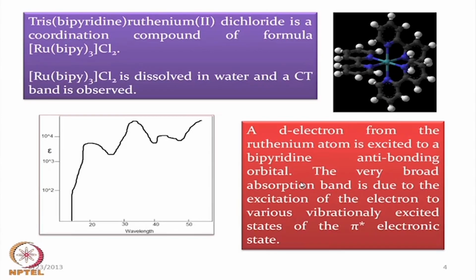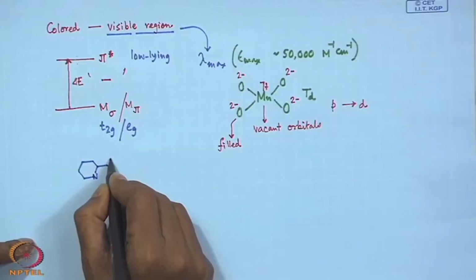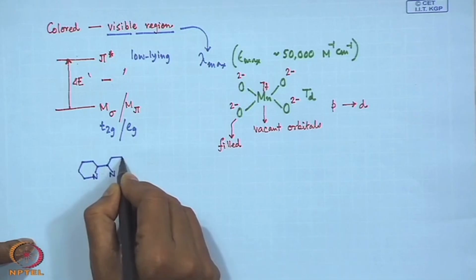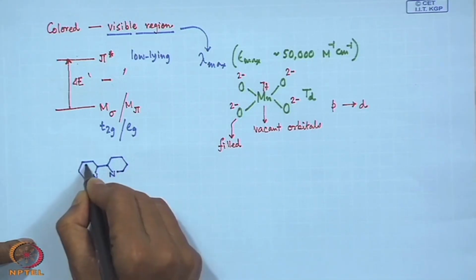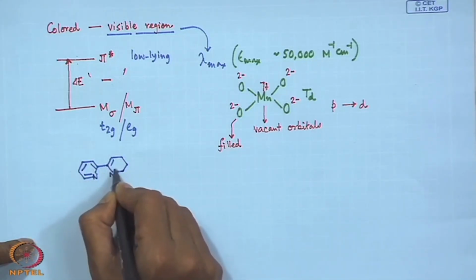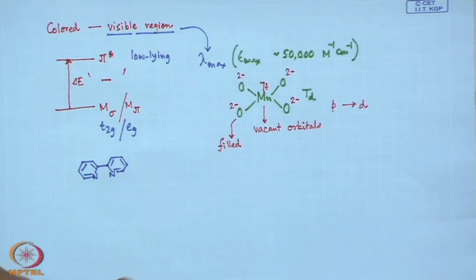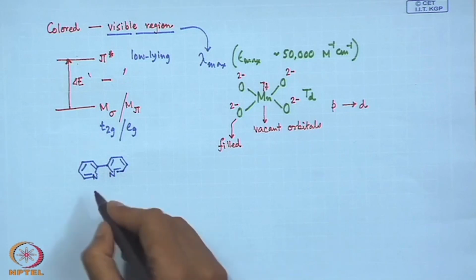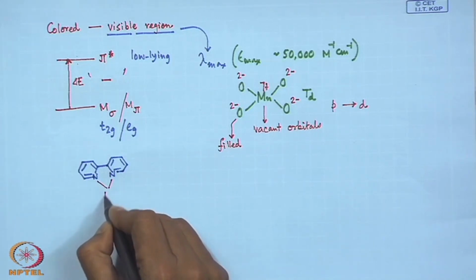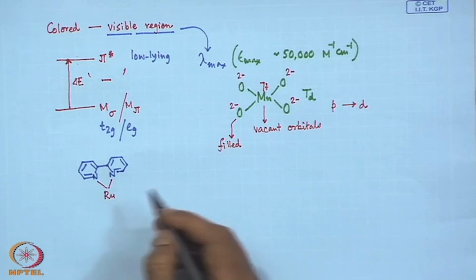So, we have this bipyridyl ligand. This is the bidentate NN donor ligand we have in our hand, and this is attached to one ruthenium.